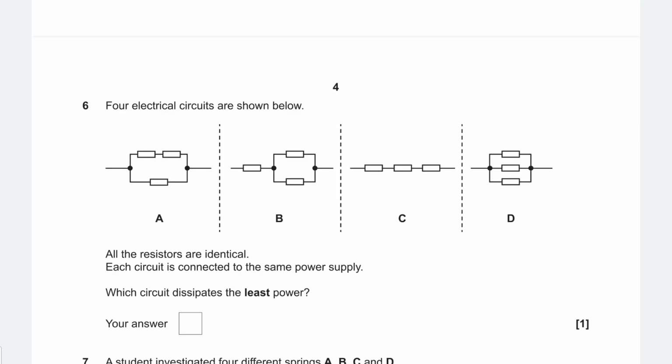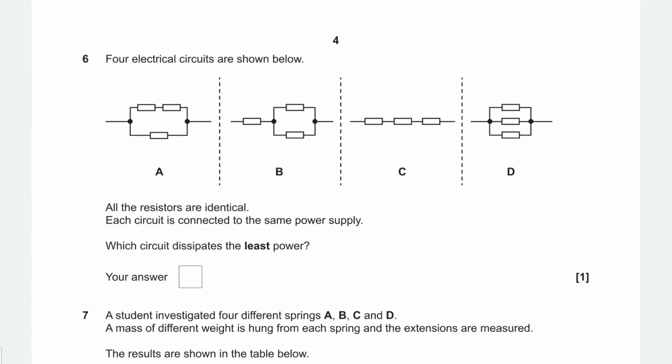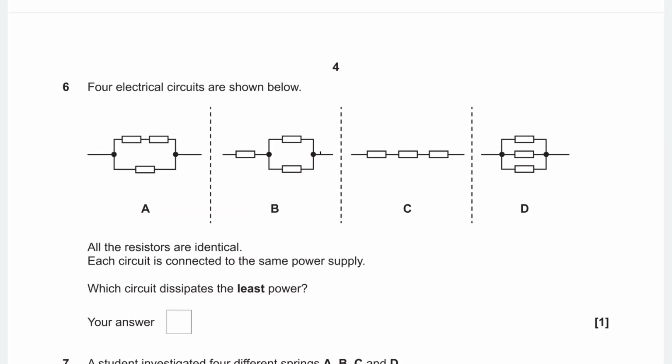Okay, next one, we have 4 electrical circuits shown. All resistors are identical. Each circuit is connected to the same power supply. Which circuit dissipates the least power? Okay, so we want to minimize the power.